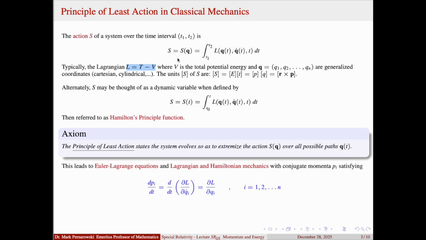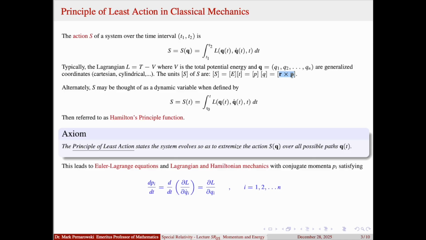So what are the units, just out of curiosity? The units of S are energy times time. So one view of S is that it is the average difference between kinetic and potential energies. Another interesting set of units here is that there's this R cross P. So this is position cross momentum.